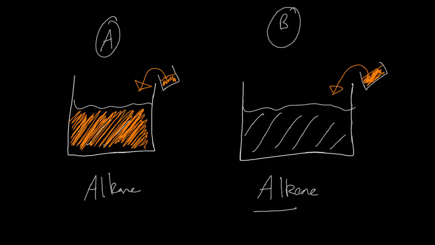So an alkane will not change the colour of bromine water, it will stay orange, whereas an alkene will turn the bromine water from orange to colourless. That means that a reaction has happened between the alkene and bromine water, but in the case of an alkane, it will not react with the bromine water, hence why we still have exactly the same colour.